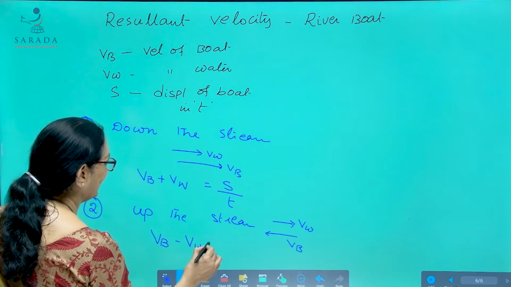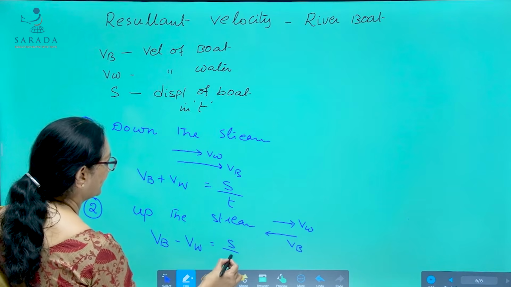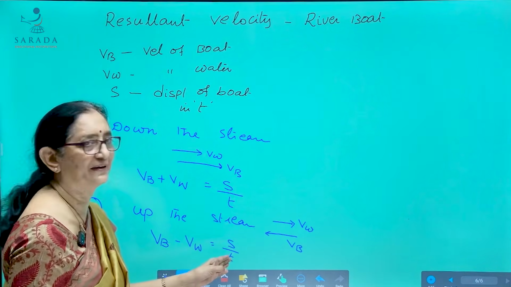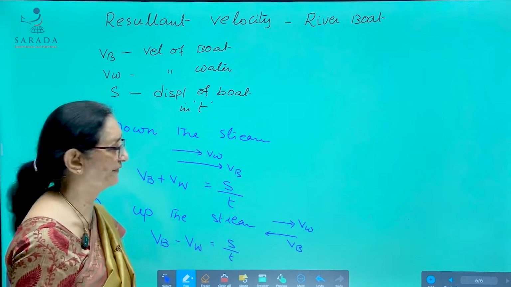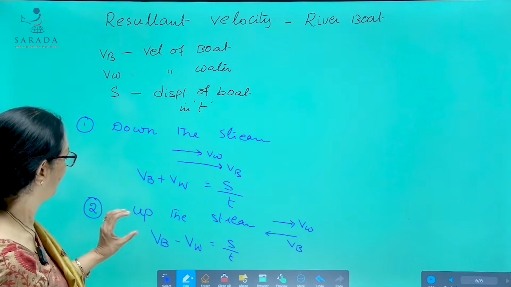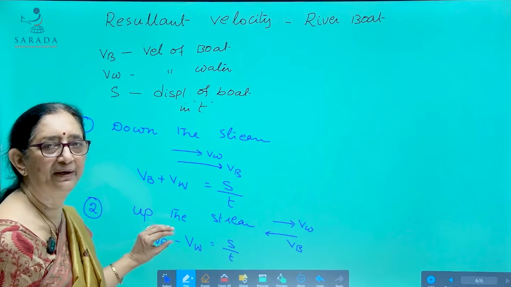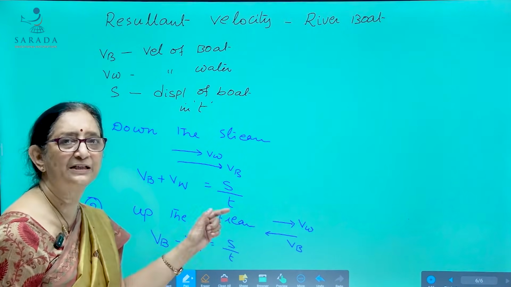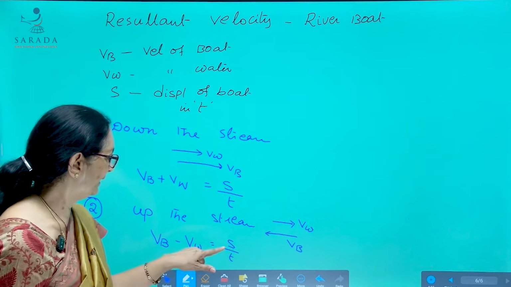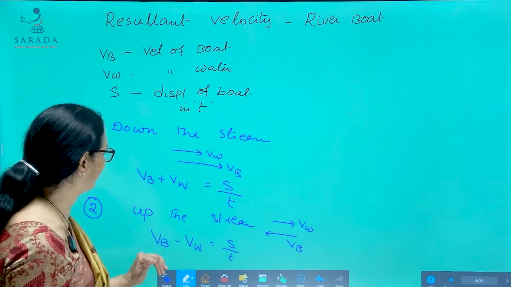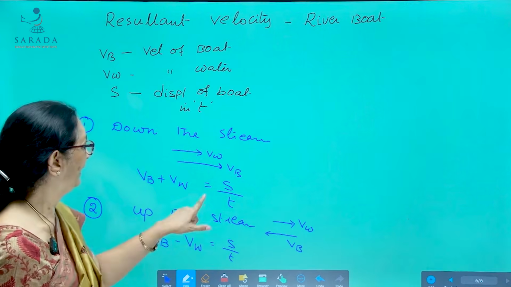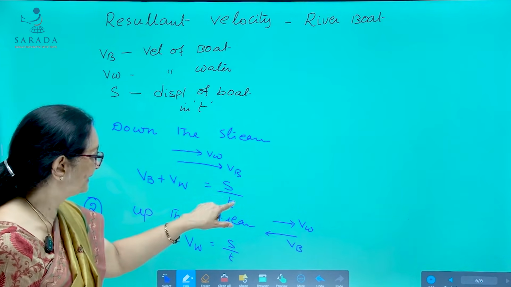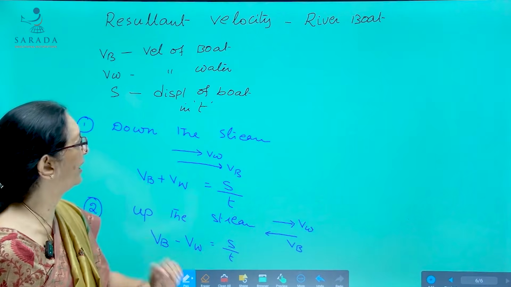VB minus VW is equal to S by T. Very obviously, this S and this S are different. Displacements are also different. Here VB is velocity of boat, VW is velocity of water, and S is the displacement of the boat in time t when it is moving up the stream. Here S is the displacement of the boat in time t when it is moving down the stream.